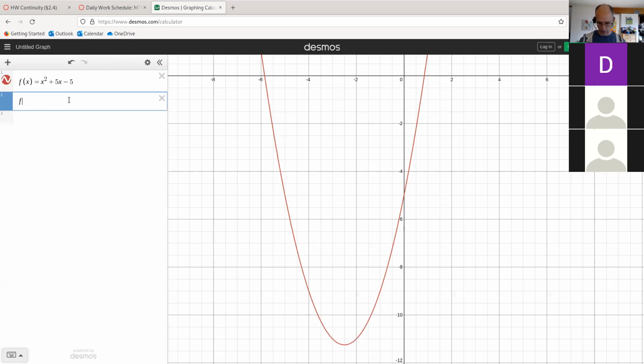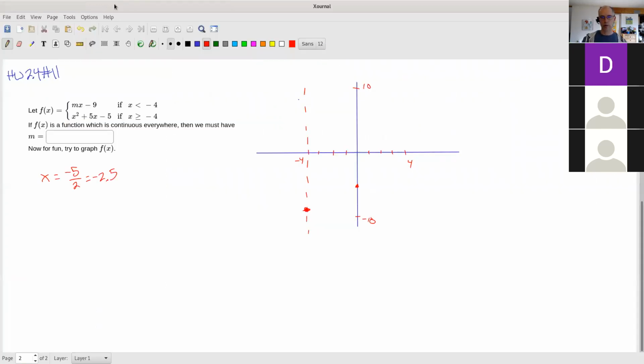F of -2.5 is -11.25, so it's kind of in my picture. So turning point is somewhere over here-ish, -2.5, -11.25, so somewhere down there. So there's my parabola coming through something like that, and who knows where it hits there, somewhere.